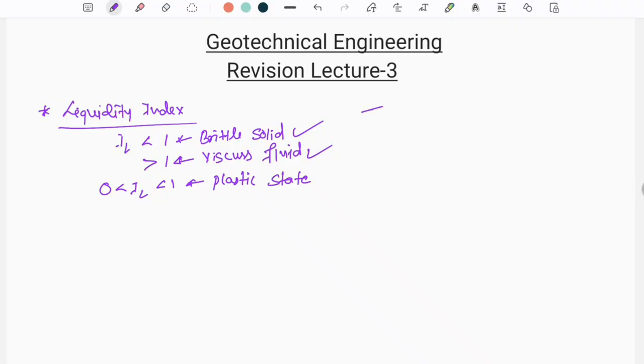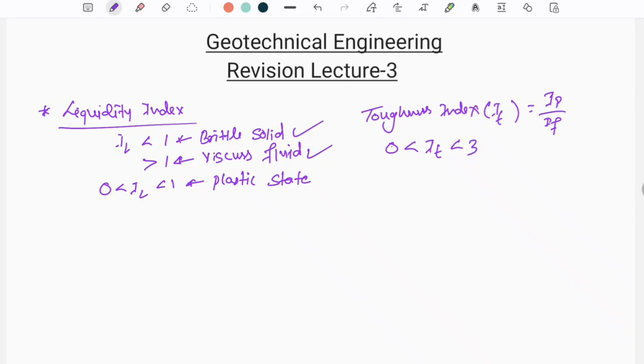There is one more index, that is toughness index. This is the ratio of plasticity index to flow index. It is designated as IT, the toughness index. And the range for this is 0 less than IT less than 3.